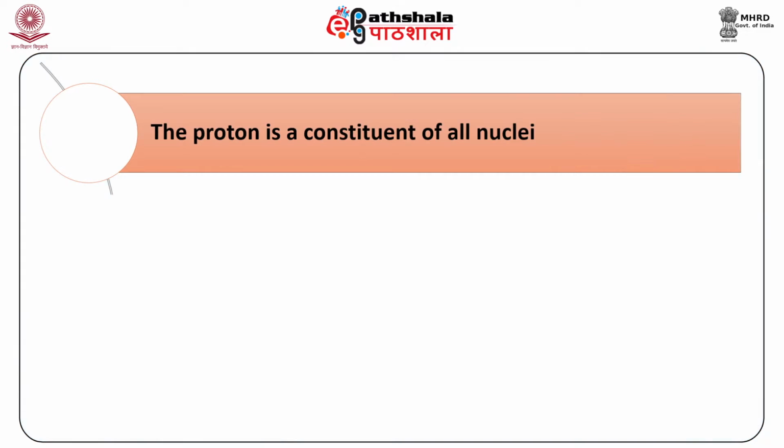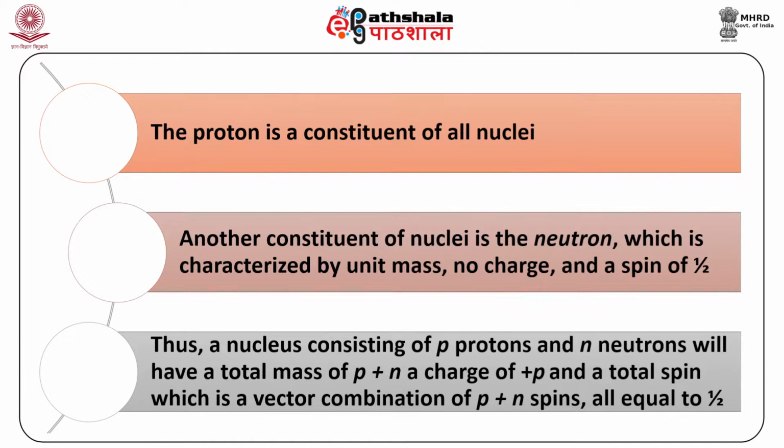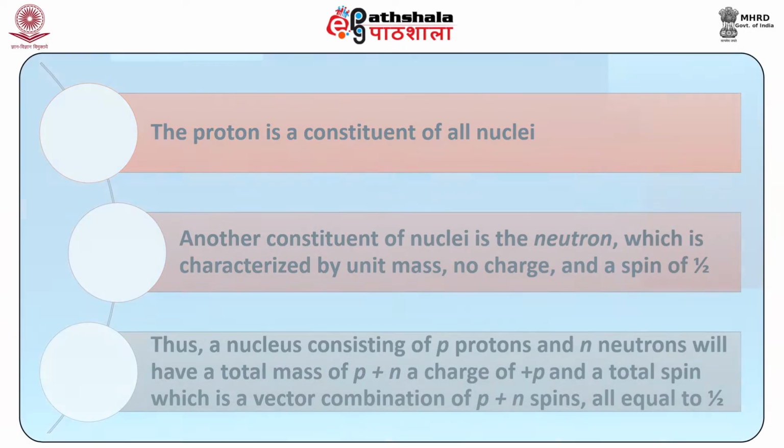The proton is a constituent of all nuclei. Another constituent of nuclei is the neutron, which is characterized by unit mass that is equal to that of a proton, no charge and a spin of half again. Thus, a nucleus consisting of p protons and n neutrons will have a total mass of p plus n, ignoring the small mass defects due to nuclear binding energy, a charge of p and total spin, which is a vector combination of p plus n spins, all equal to half.